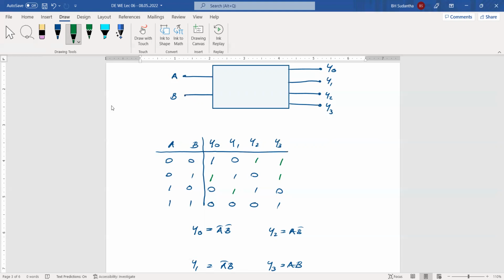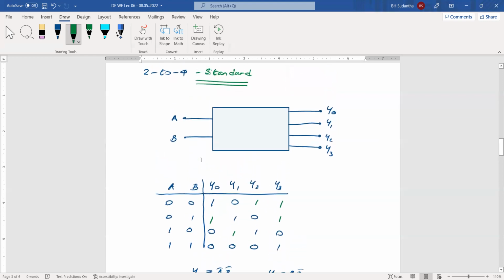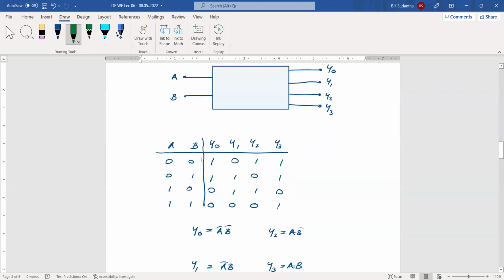That pattern is not there, but anyway, we will have a certain device having 2 input lines, having 4 output lines, and this is the truth table we want.